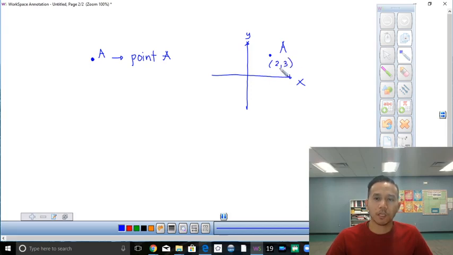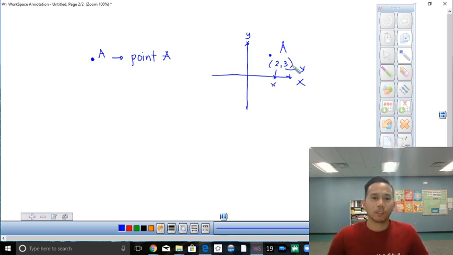This number here is your x and the 3 is the y. So meaning the location of this point is at 2, 3. Okay, that is point.